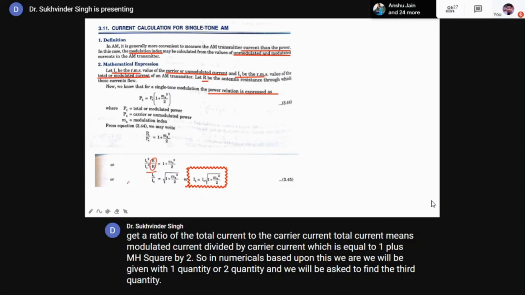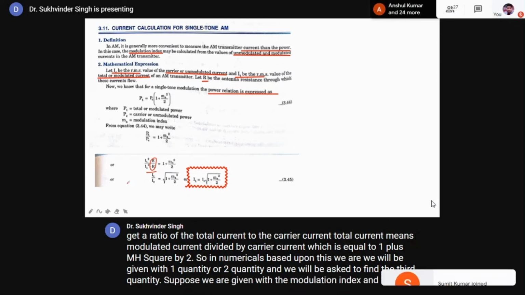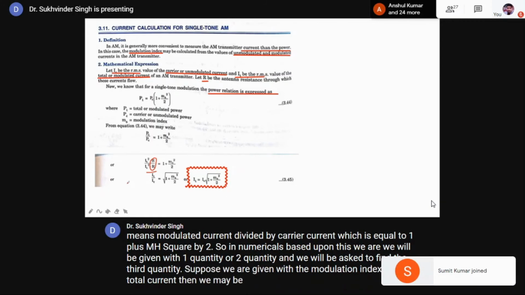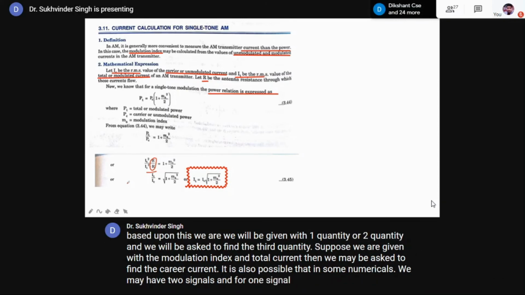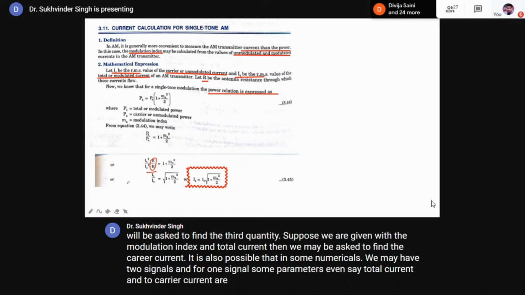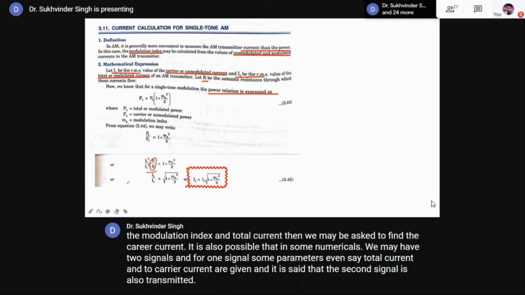Suppose we are given the modulation index and total current, then we may be asked to find the carrier current. It is also possible that in some numericals we may have two signals, and for one signal some parameters are given, say total current and carrier current are given, and it is said that the second signal is also transmitted with the same modulation index.